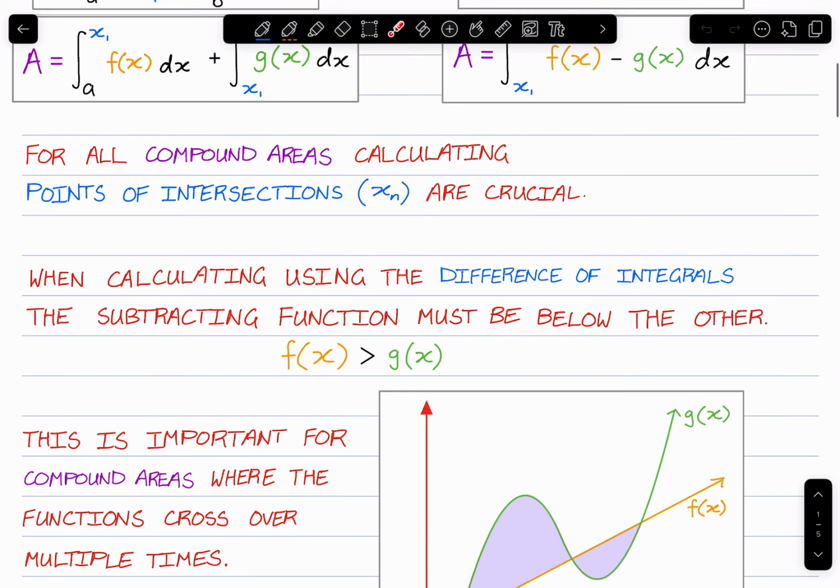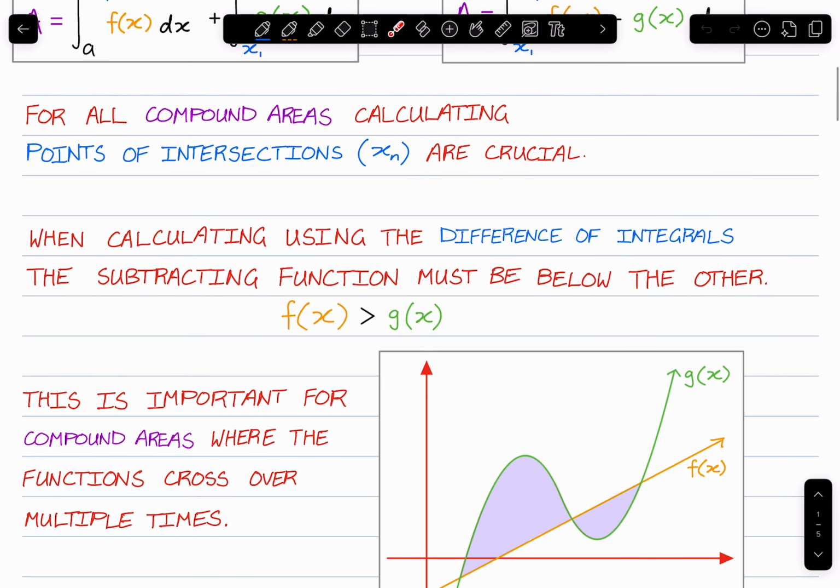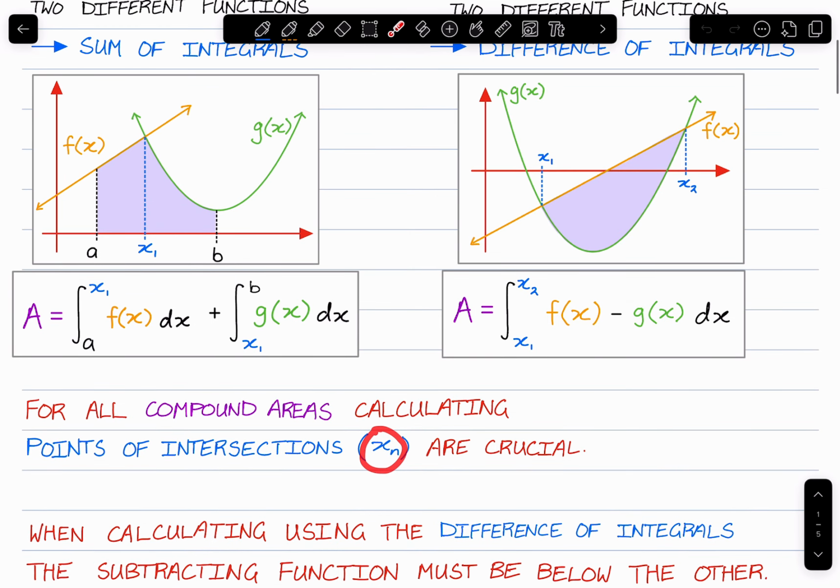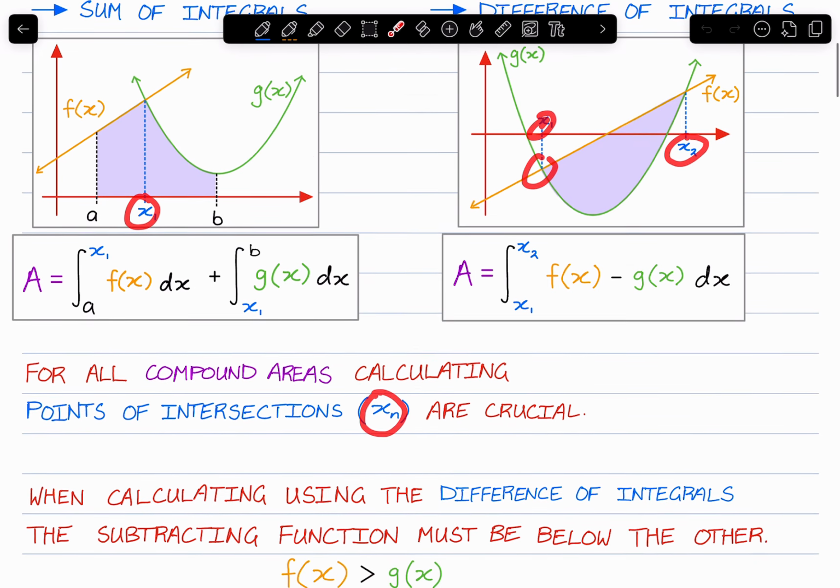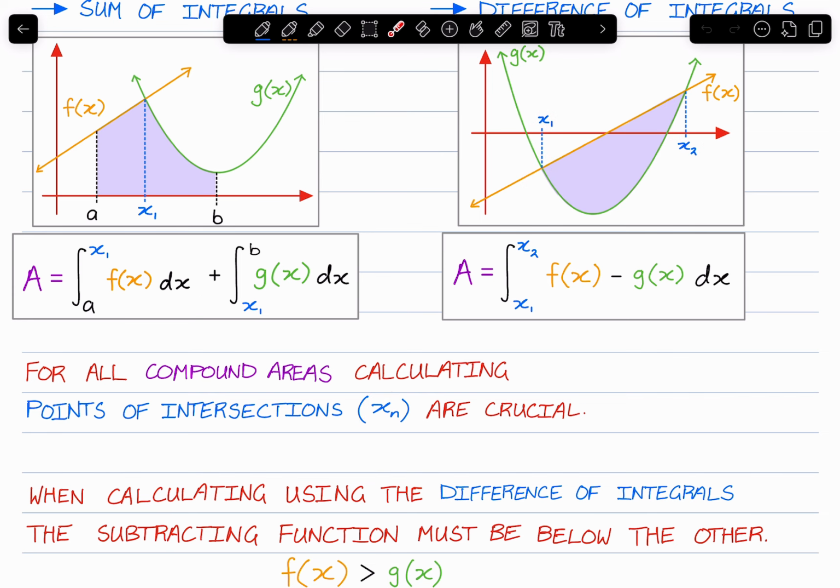Okay? So for all compound areas, calculating the points of intersection, which I've labeled x of n, is extremely crucial.